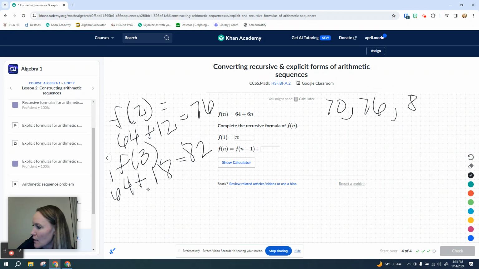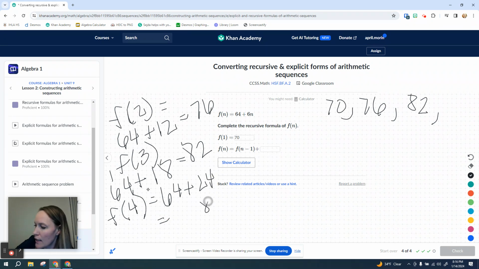And I should go slower so I can write nicer. Sorry, guys. F of 4. Okay. We're going to stick 4 into the formula. 64 plus 6 times 4 is 24. So then I get 88.